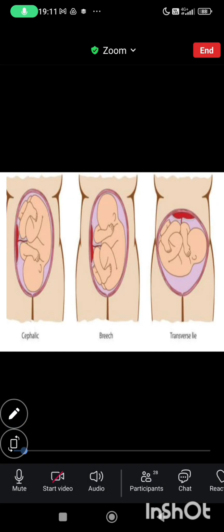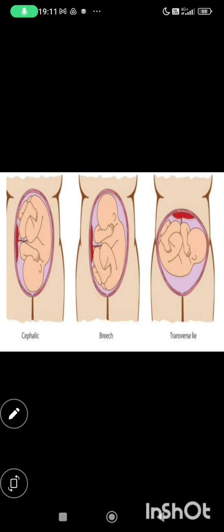First, fetal lie and presentation. We will quickly go through this and then we mainly focus on fetal situs. So our main focus will be on the images.